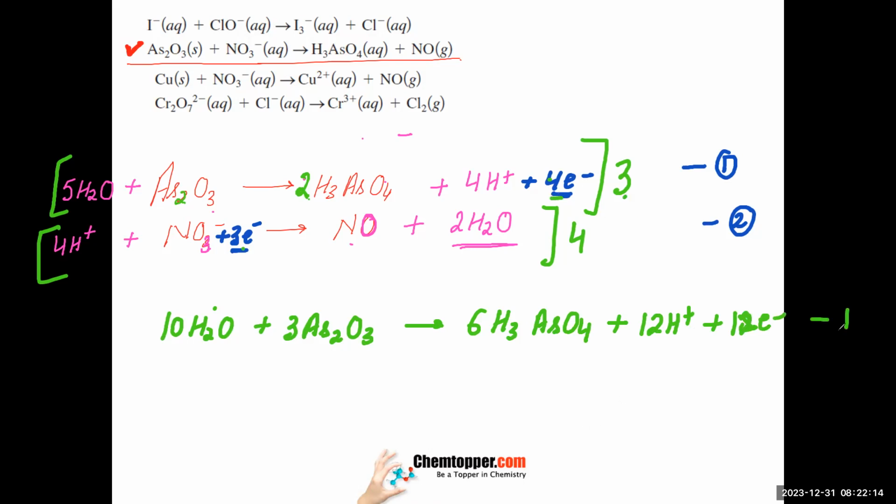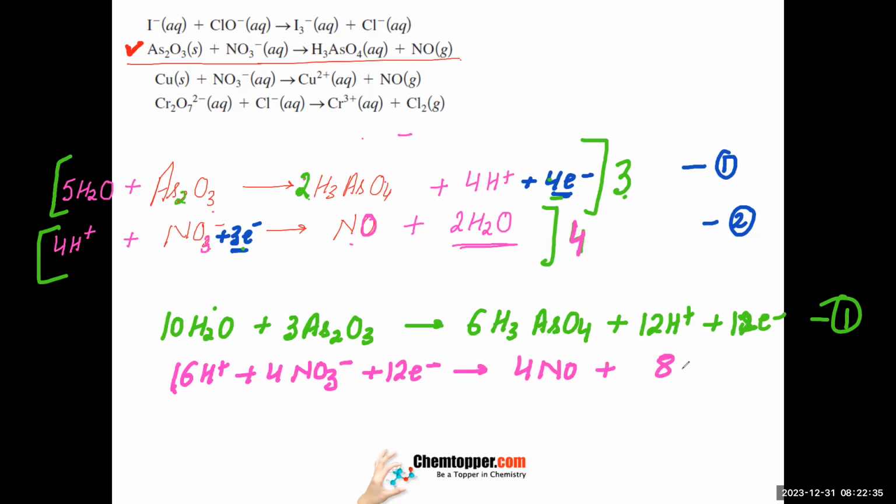So this is equation 1 now. And equation 2 is, you're multiplying it by 4. 16 H plus 4 NO3 minus 12 electrons giving 4 NO 8 H2O.